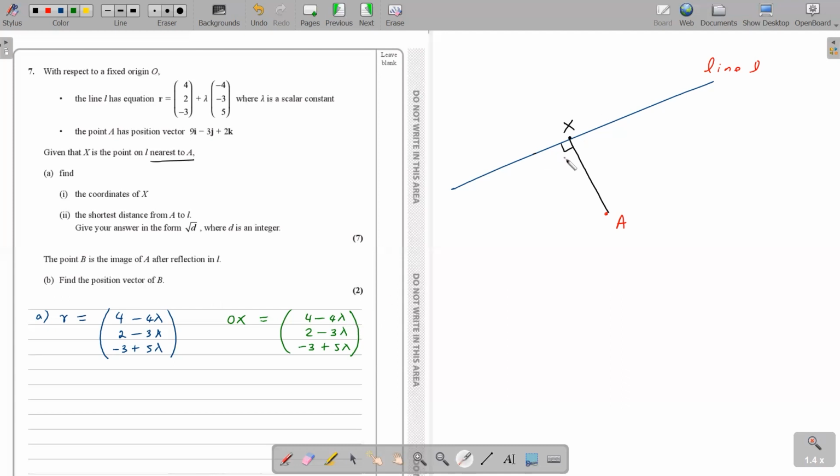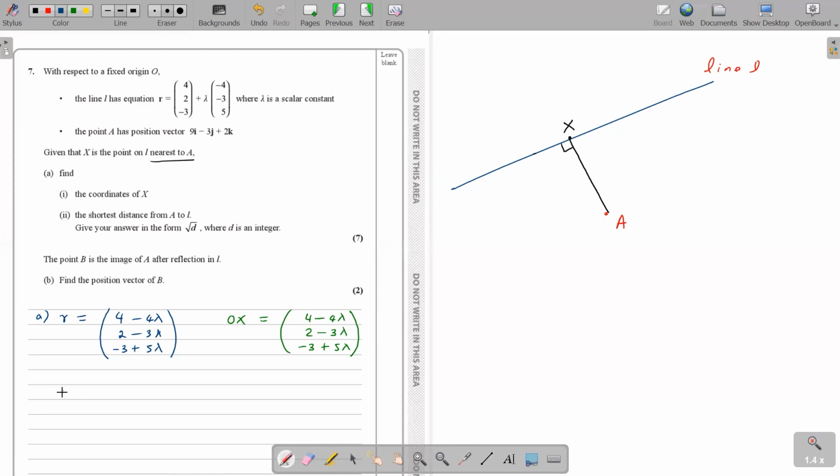How do we get the lambda value? Do you see there's a perpendicular here? When you see perpendicular in vectors, what's the rule? The dot product of two perpendicular vectors is 0. So who are the two vectors here? We can take XA or AX, it doesn't matter. Take the easier one, I think AX is easier.